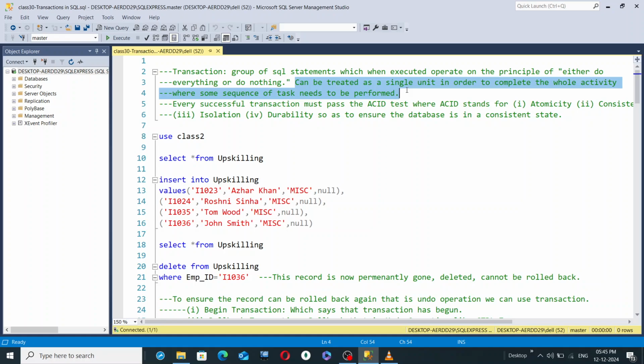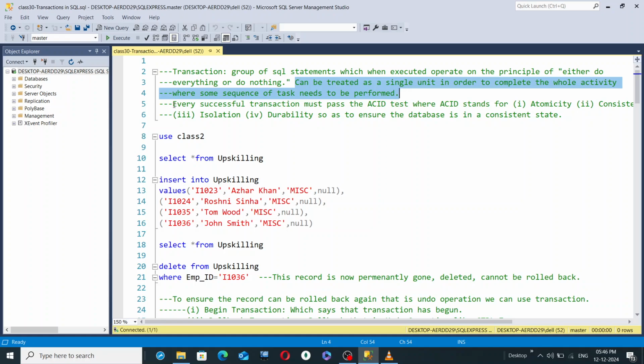The expectation is that the whole goal will be achieved once the entire sequence of work is performed, when that group of SQL statements is executed perfectly. That is why a transaction is known as a unit. By unit I mean it is a group of SQL statements which operate on the principle of do everything or do nothing, and some sequence of work will be done in order to complete the entire activity. Okay.